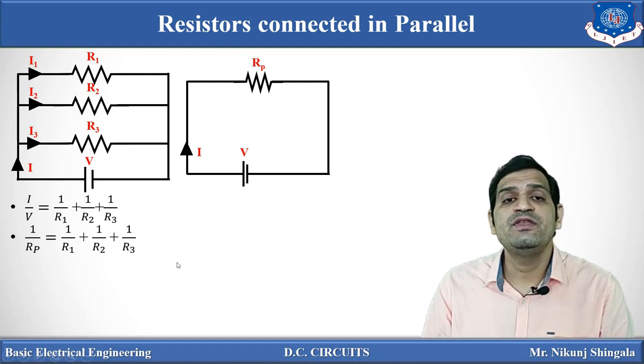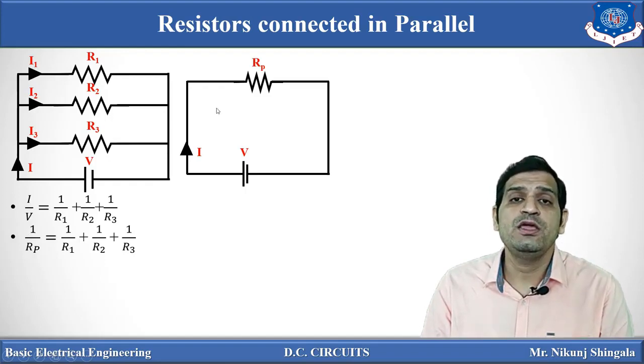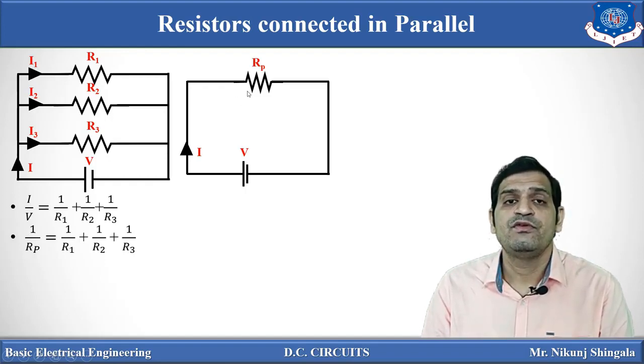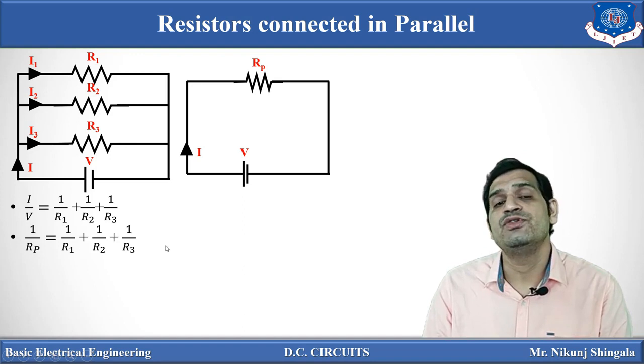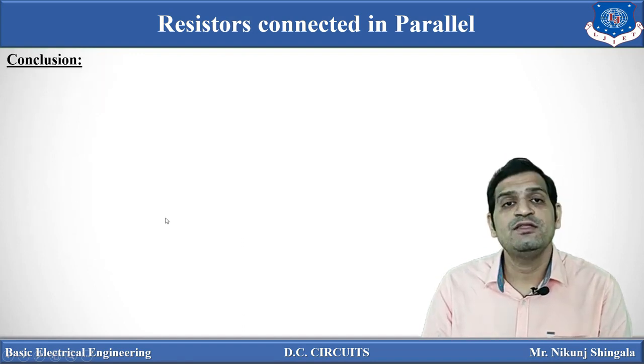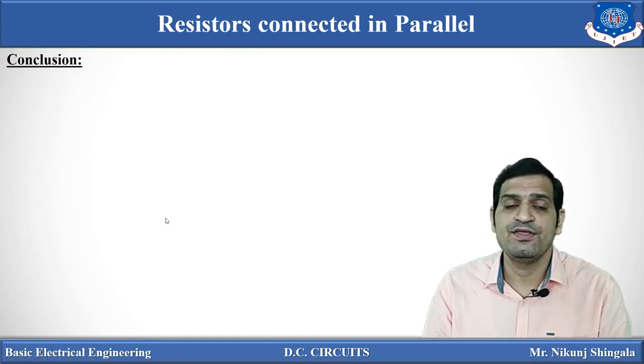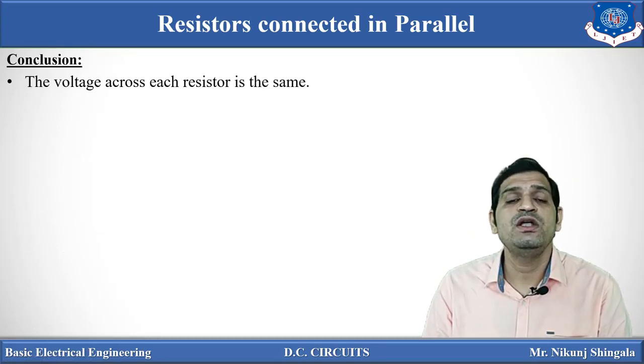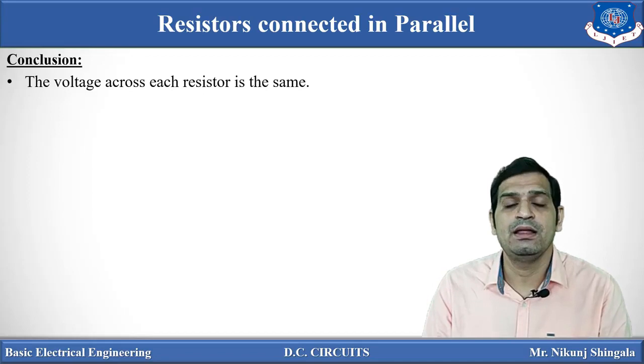So how can we read this equation? We can say that the reciprocal of equivalent resistance for parallel connected resistances is given by the sum of reciprocals of individual resistances. Now, what are the conclusions for parallel connected resistors? The first one is that the voltage across each resistor is the same, because all are connected in parallel and one battery is connected across each resistor.